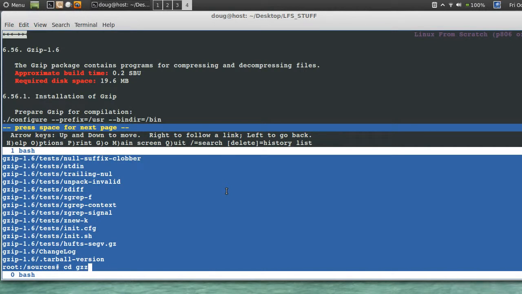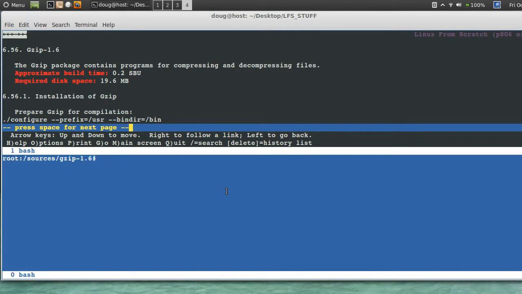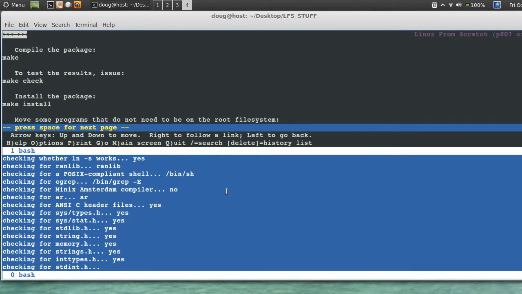Gzip. Configure prefix equals /usr. Bindir is equal to /bin. Make install.